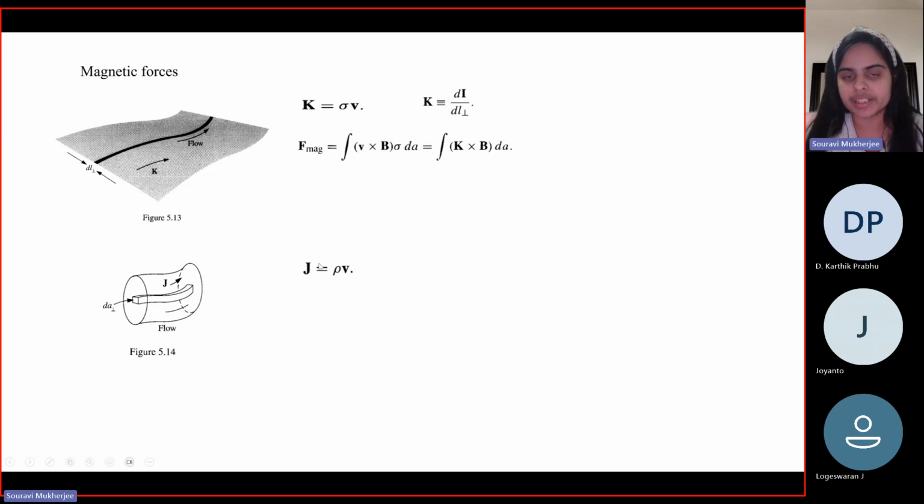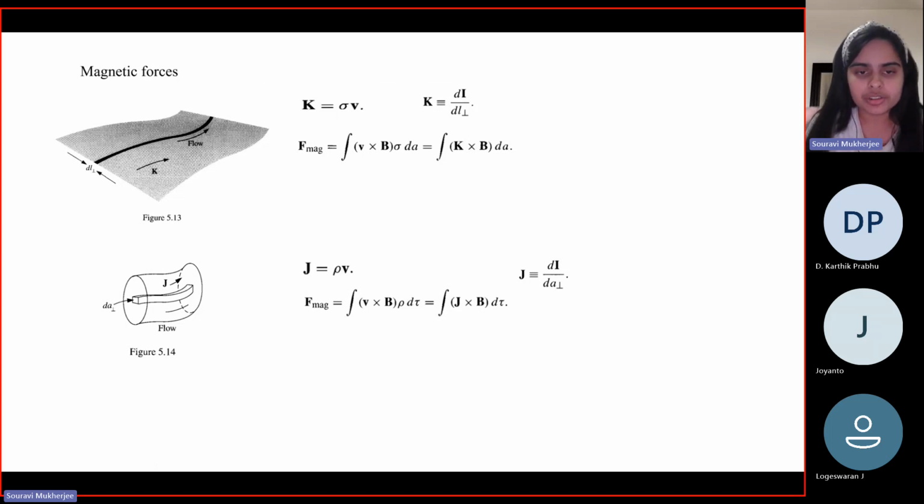So now you have a volume current density, which is equal to rho times V, where rho is the volume charge density. And similarly, this is how you define J. And this is how the expression for magnetic force will look. So based on your question, you have to use these relations to find the force or the current densities.